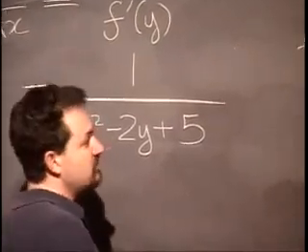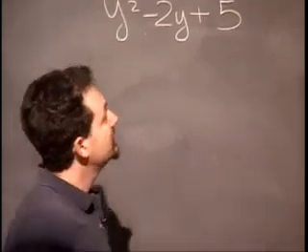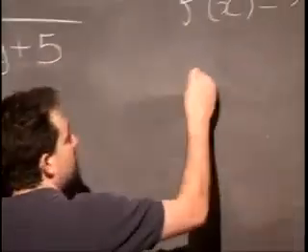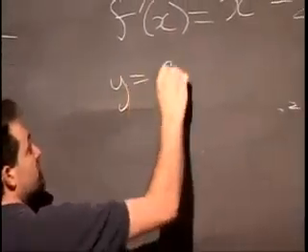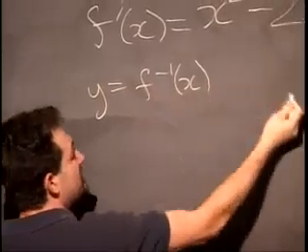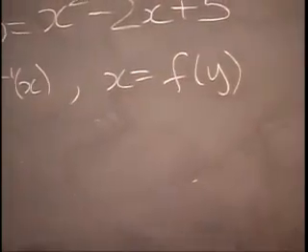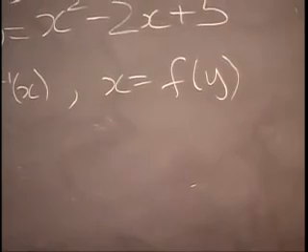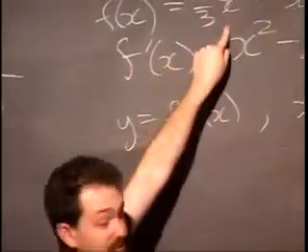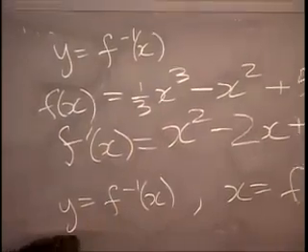How do you actually find the inverse function? Well, if you think about it, we're trying to find y equals f inverse of x. So this means that x equals f of y, and f of y is just this formula, but with x replaced by y.